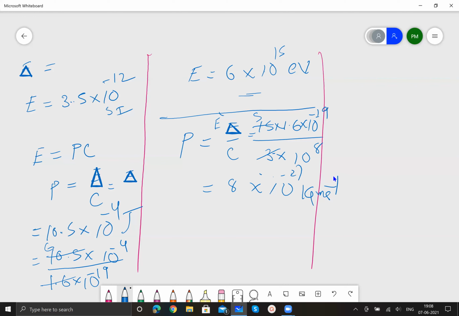A very simple concept. A radio transmitter operates at a frequency of 1000 kilohertz and a power of 66.2 kilowatts.